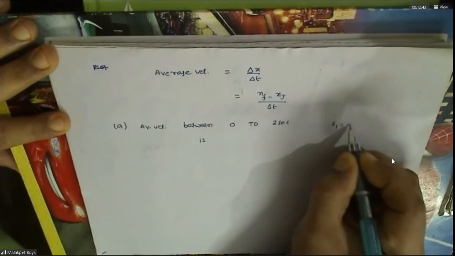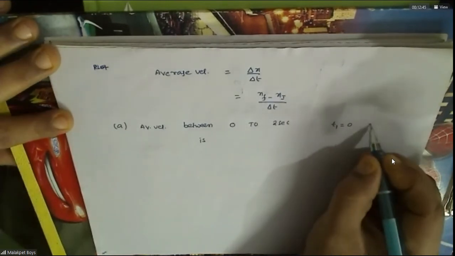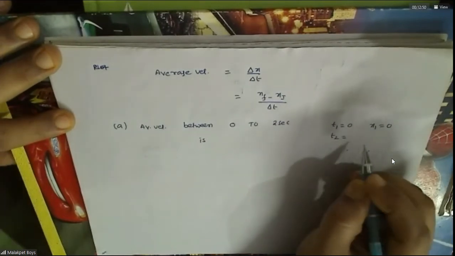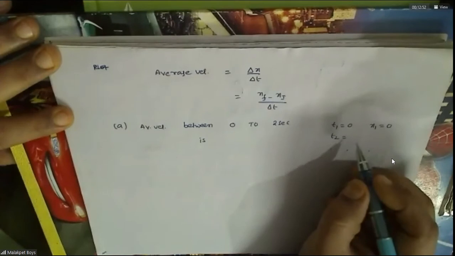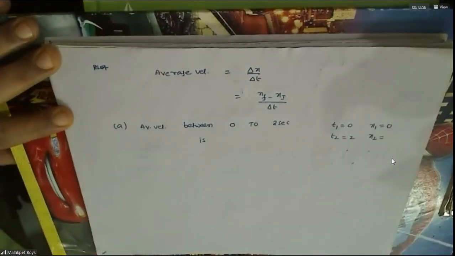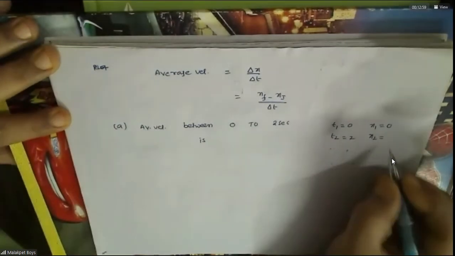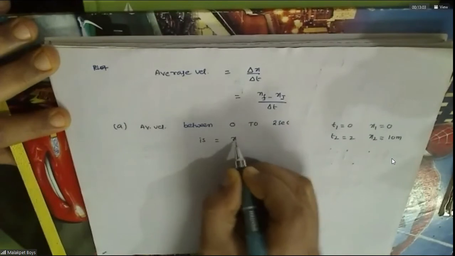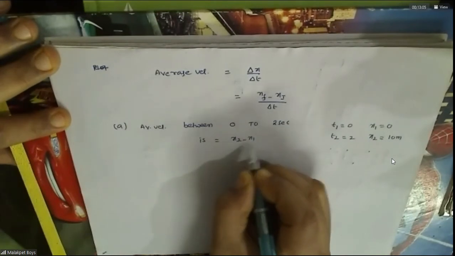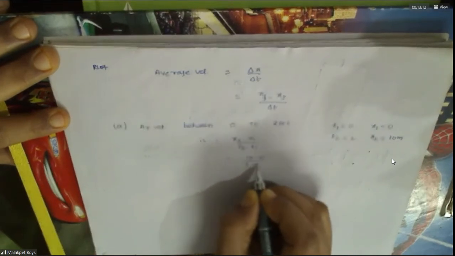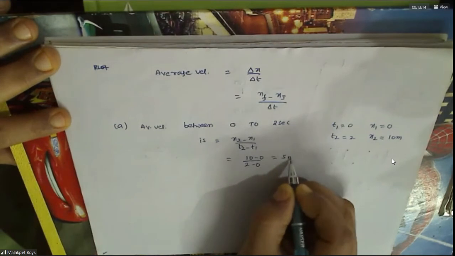T1 is 0. From the graph, X1 is 0. At T equals 2 seconds, what is X2? It is 10. Look at the graph. So it is 10 minus 0 by 2 minus 0. This is 5 meter per second.